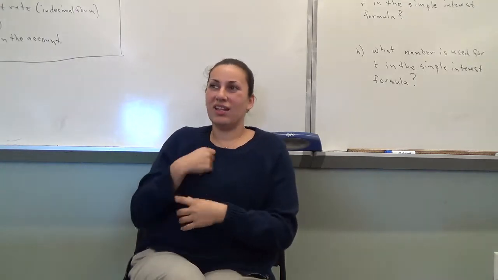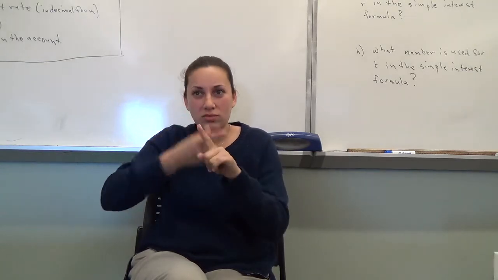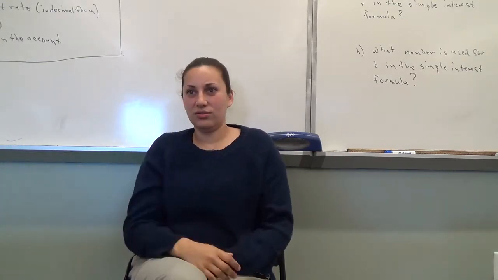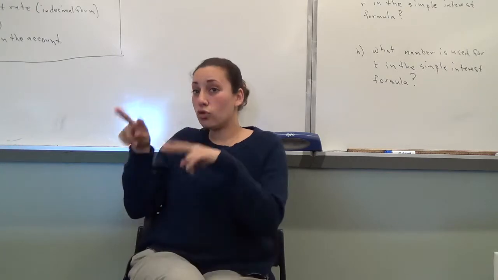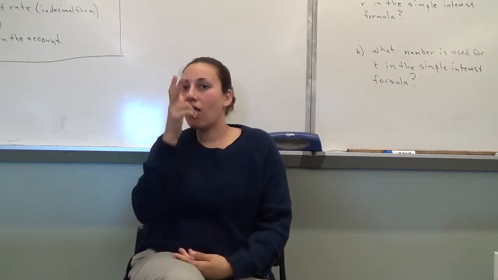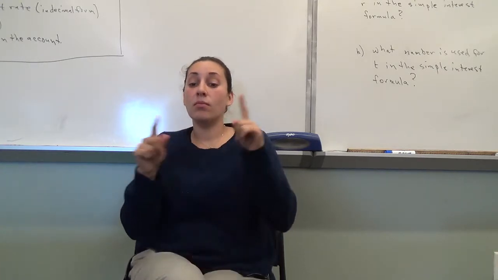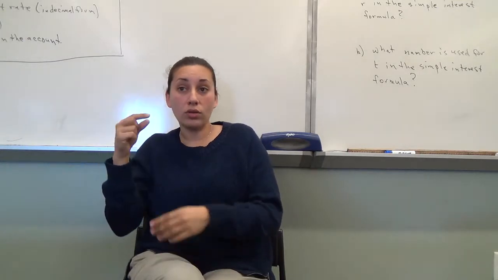What was the formula for the percent decrease? If we go back over there and look at those formulas, the percent increase was the amount of the increase over the original amount times 100%.